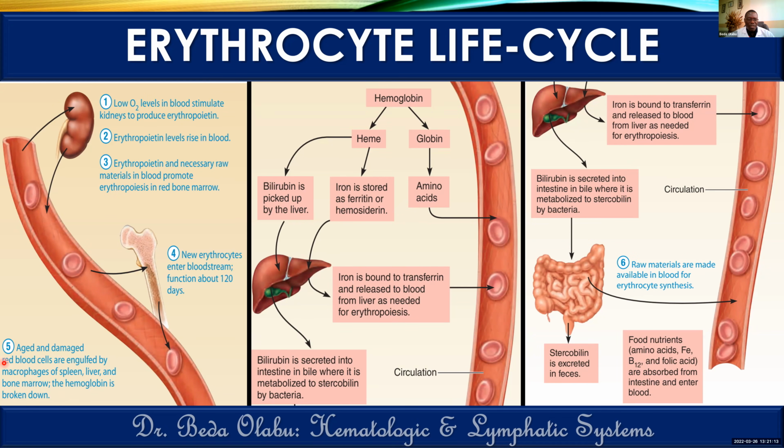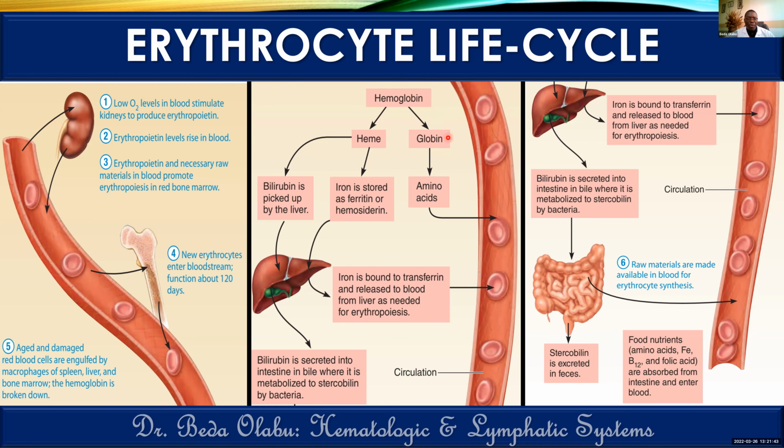So the reticuloendothelial system refers to the organs that destroy the red blood cells. Whether they're destroyed within the liver, the spleen, or the bone marrow, usually when they're destroyed, the hemoglobin component is broken down into two. It will be broken down into the heme component as well as the globin component.